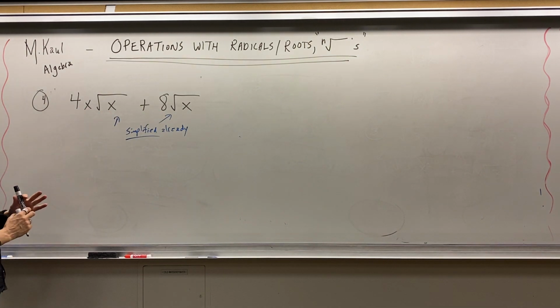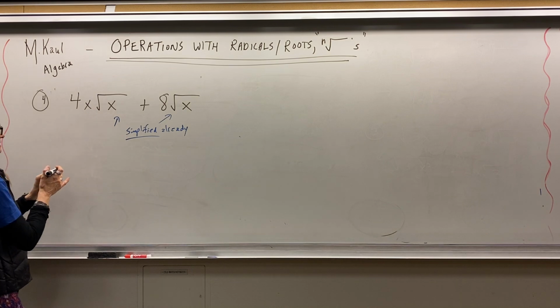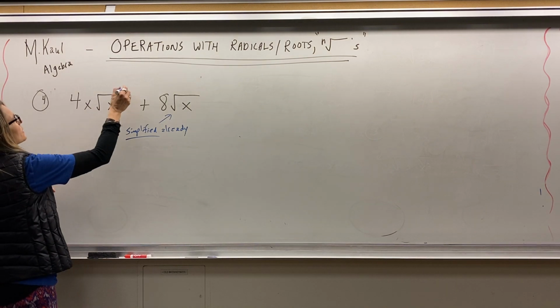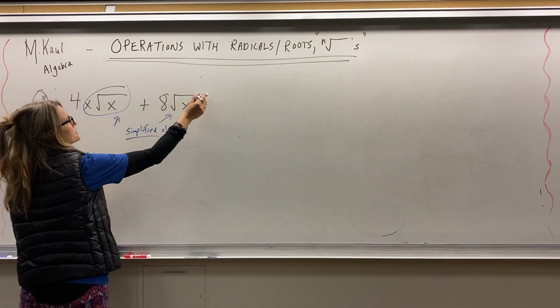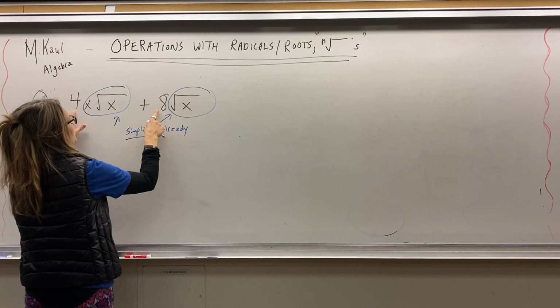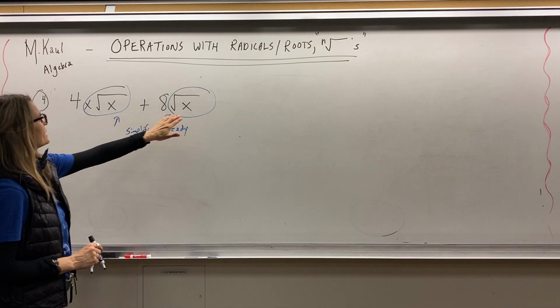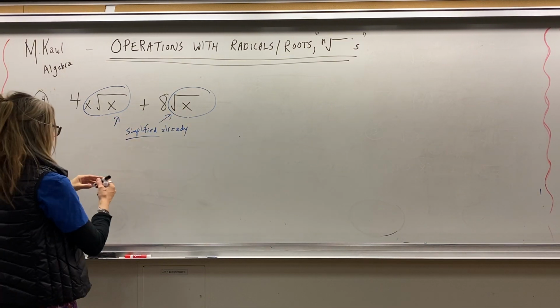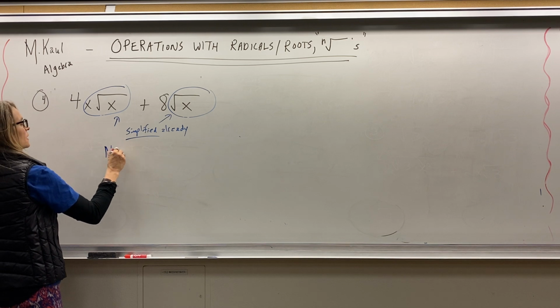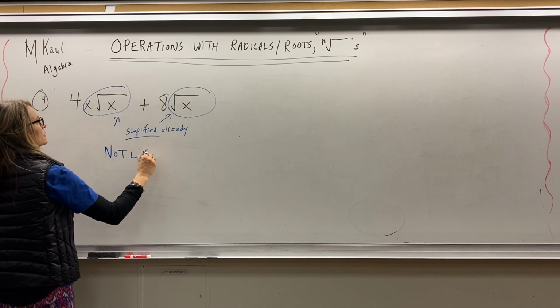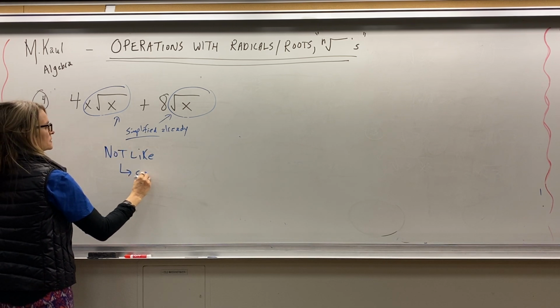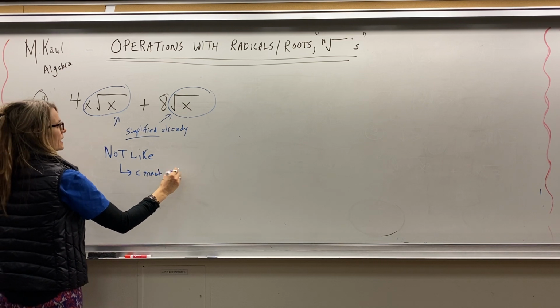Here, what's something strange is that everything behind the coefficient is the part that tells us whether we can add or subtract these. So in this case, we can't do this because these are not like. So these are not like, we cannot basically add.